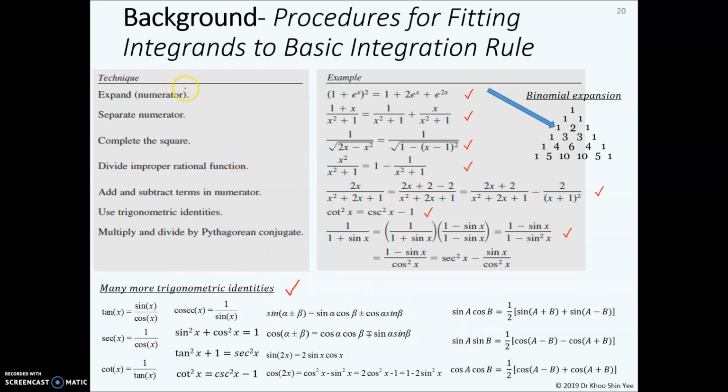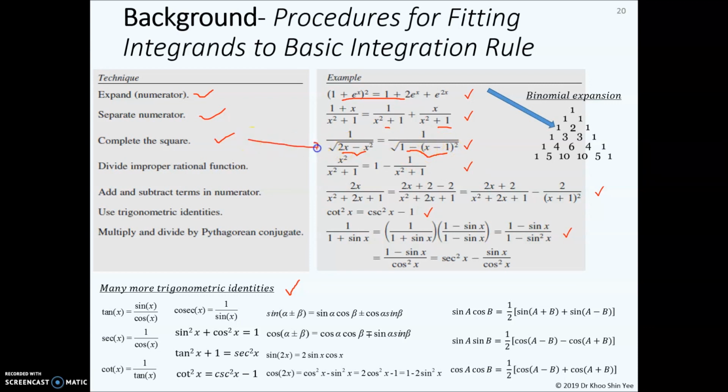And then let's say expand, okay, you should know this well as well. Separate the numerator, okay, you should know how to separate this, right? I think this is quite basic. So completing the square, okay, so the term here, can you make it into the format of completing the square?